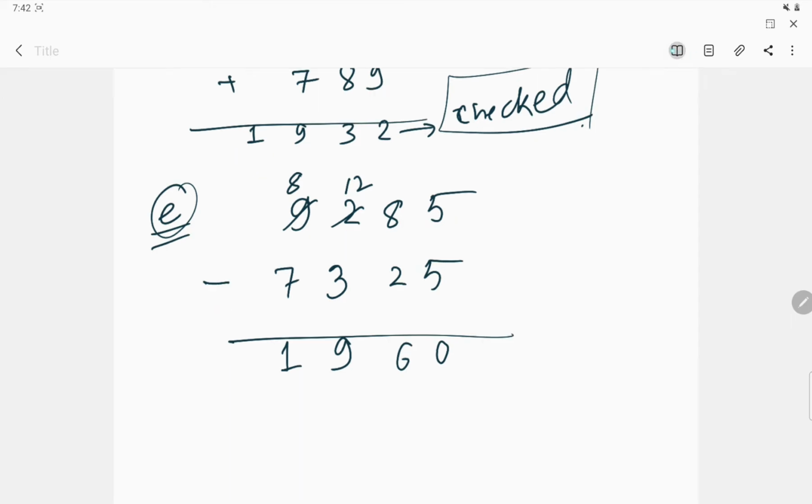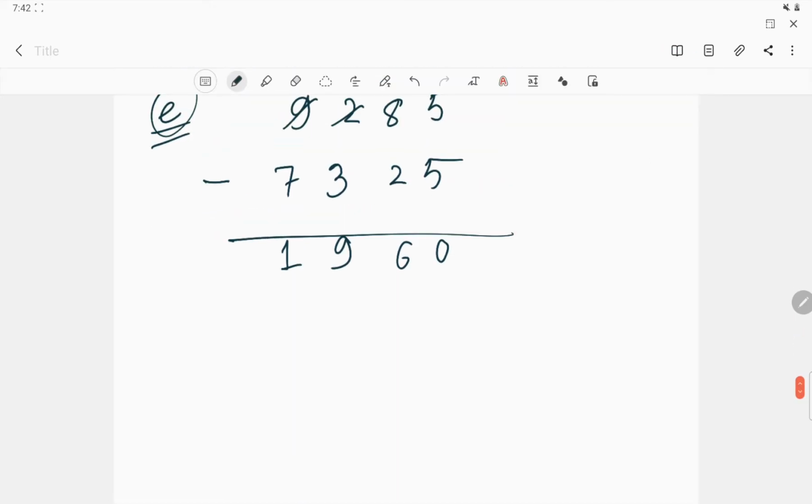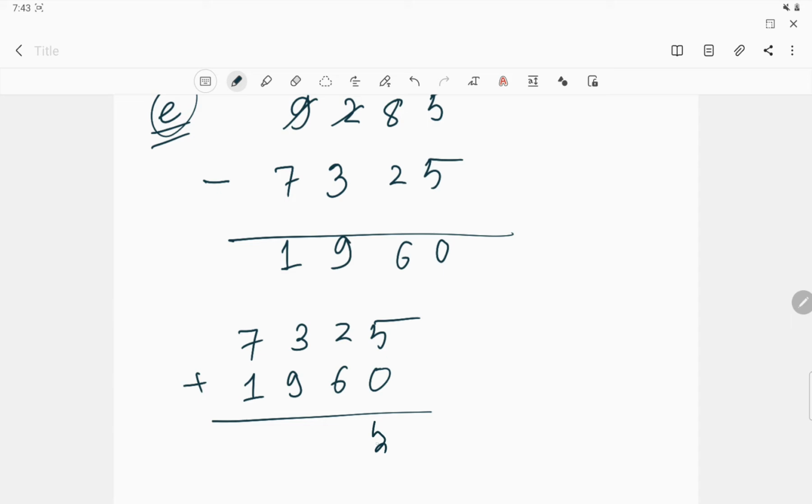So you have to check. You have to add the subtrahend with the difference. Subtrahend is 7325, add 1960. 5 plus 0 is 5, 2 plus 6 is 8, 9 plus 3 is 12, carry 1, 7 plus 1 is 8, 8 plus 1 is 9.